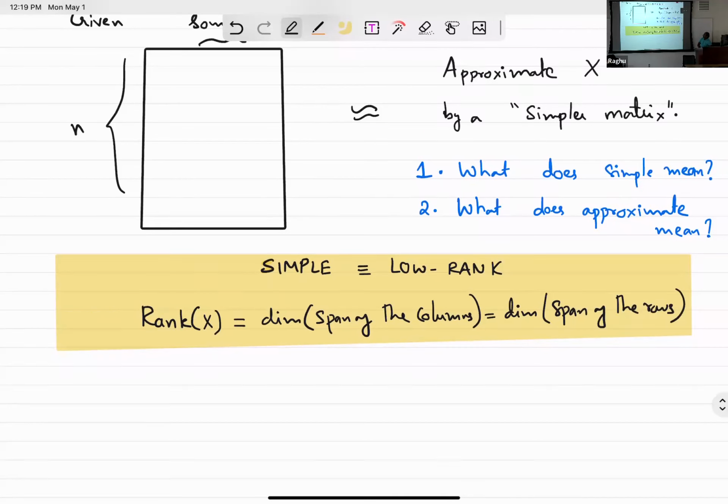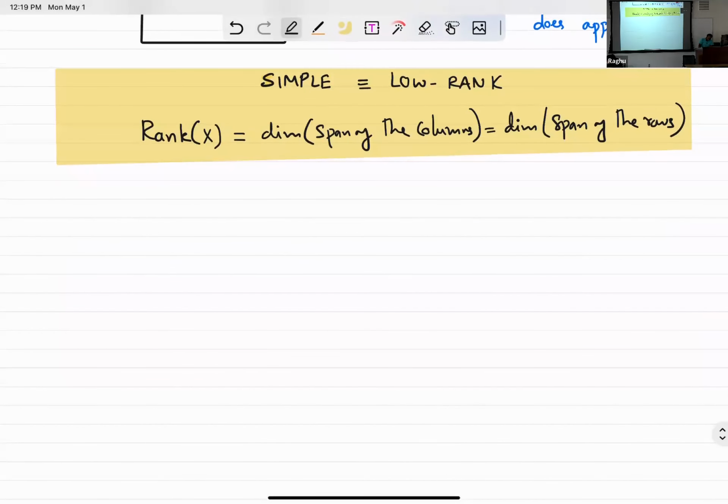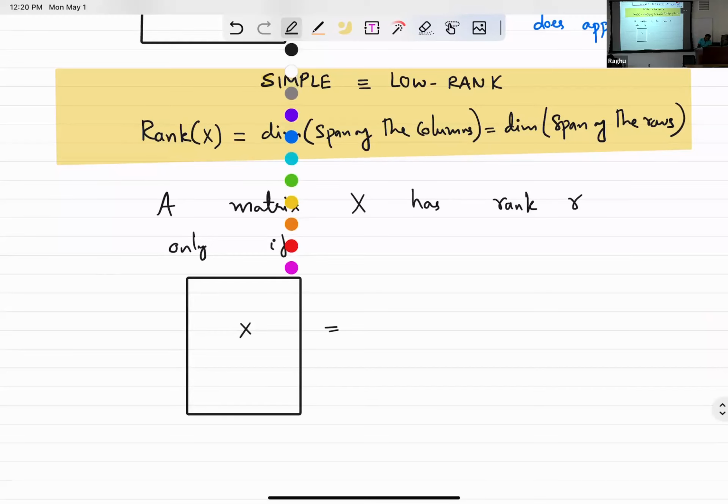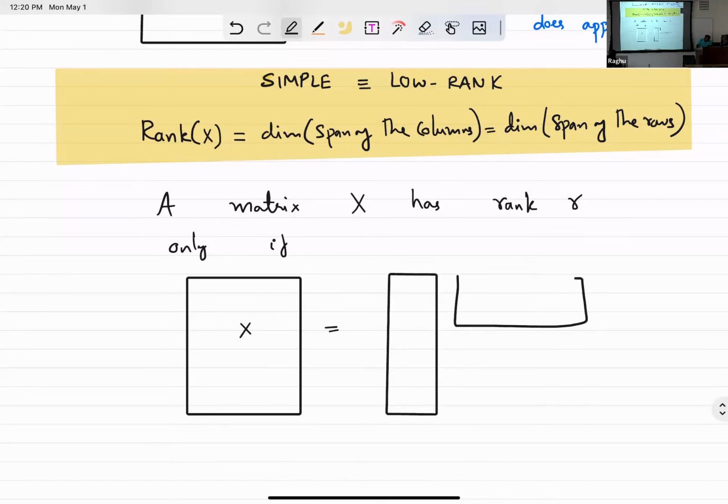Okay. And if you want an operational definition, a matrix X has rank R only if I can write it as a product of two matrices, basically a kind of factorization, like this.